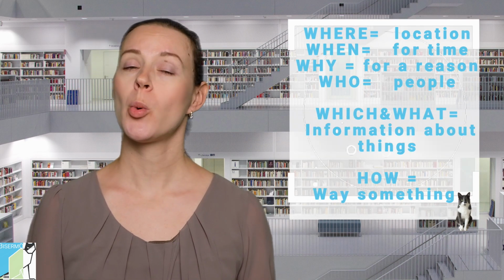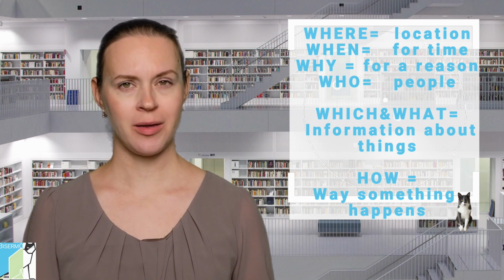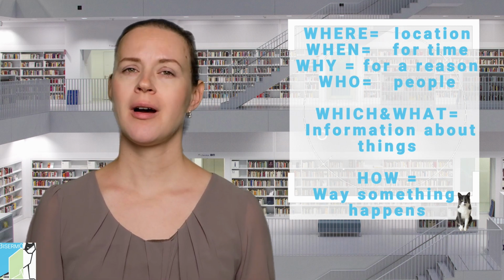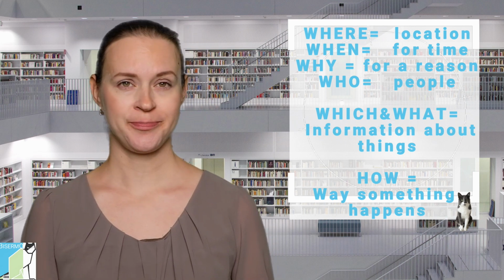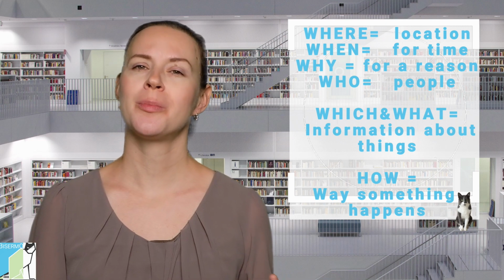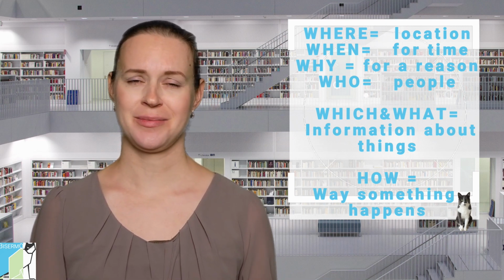Also, to form questions to get more information, we use question words, such as where, when, why, who, which, how, what. When we use the word where, we want to know about locations, places.